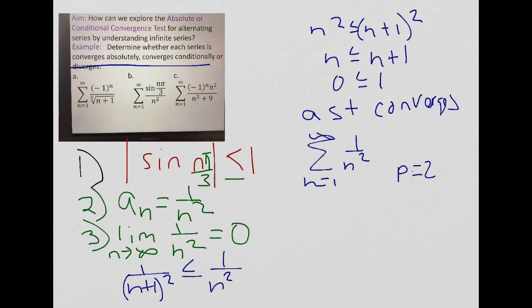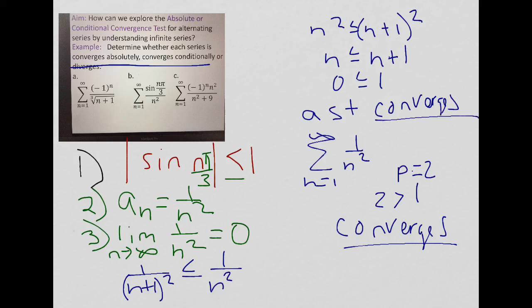Since p is equal to 2 and it's greater than 1, it converges. Okay, so now both answers are the same. So no matter what, this is going to converge. And so in this particular one, it converges absolutely. I'm going to abbreviate that.